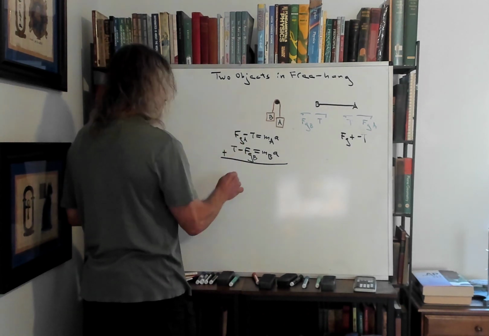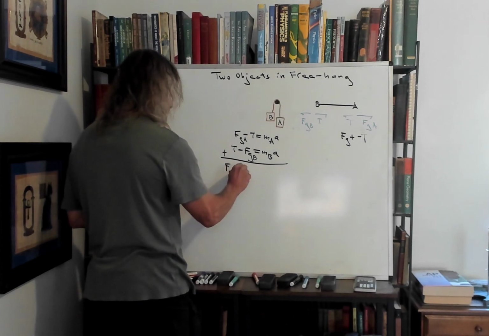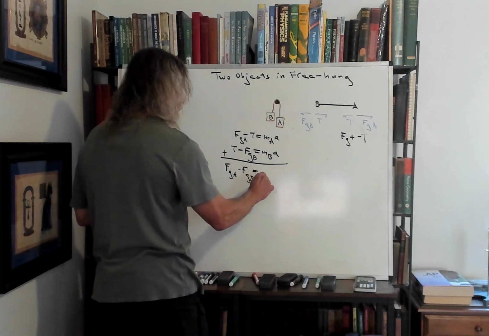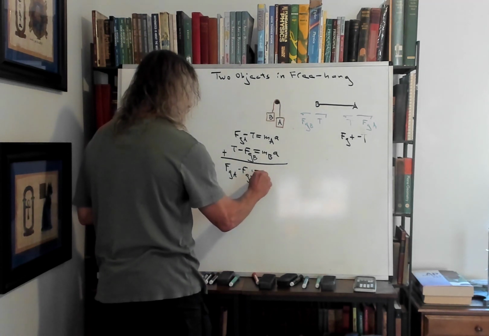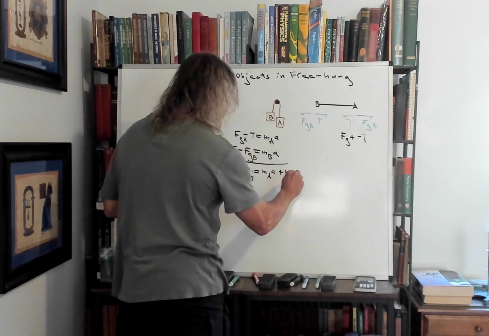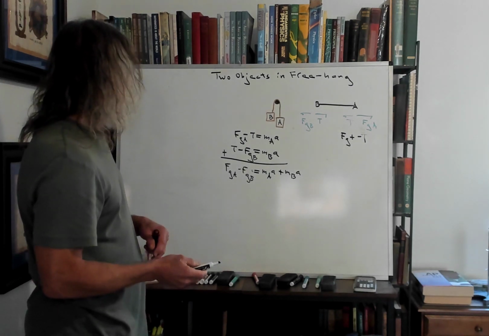And we have FGA minus FGB equals MA a plus MB a.